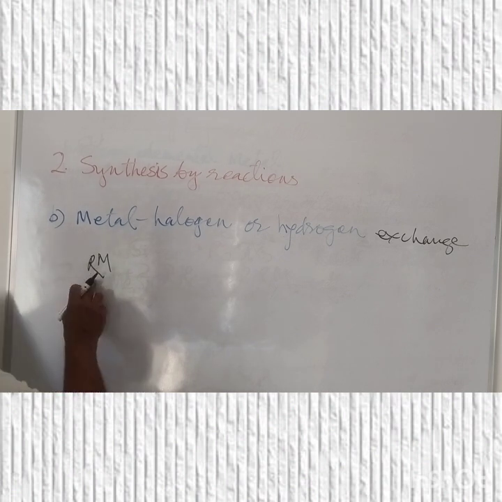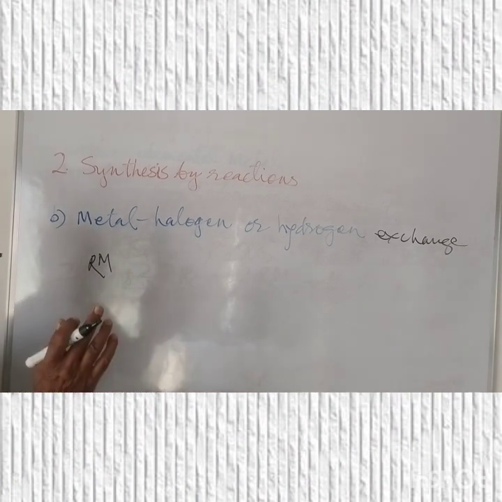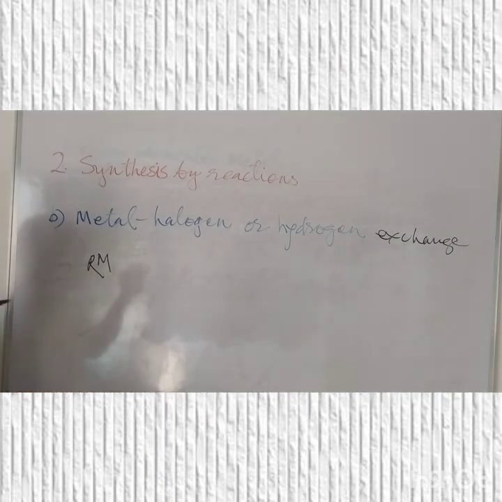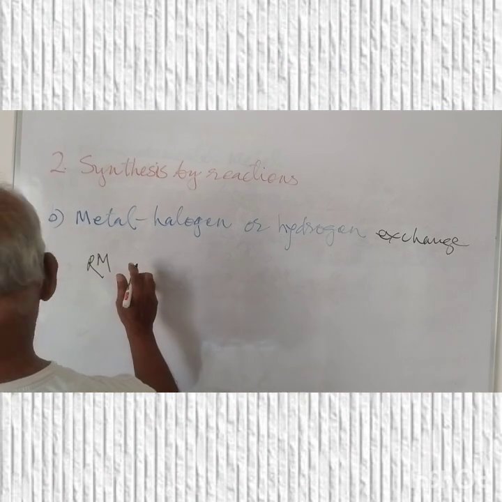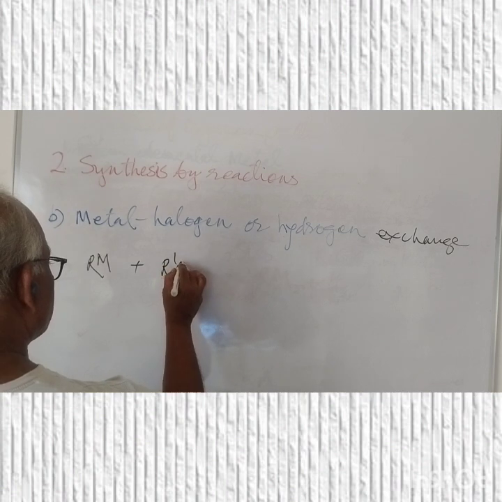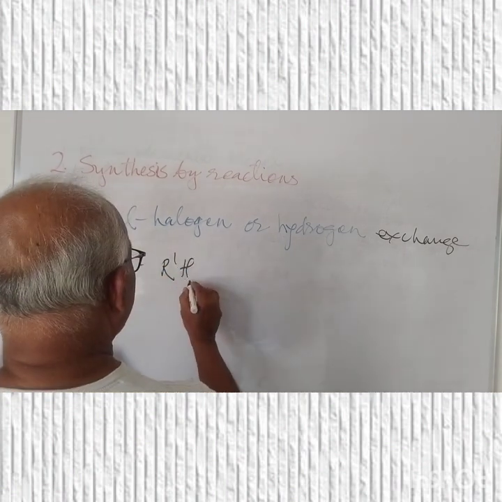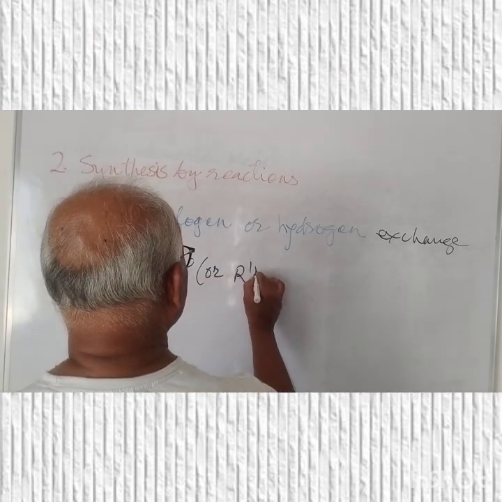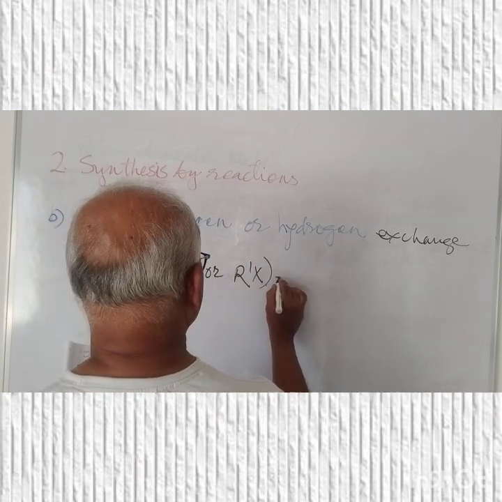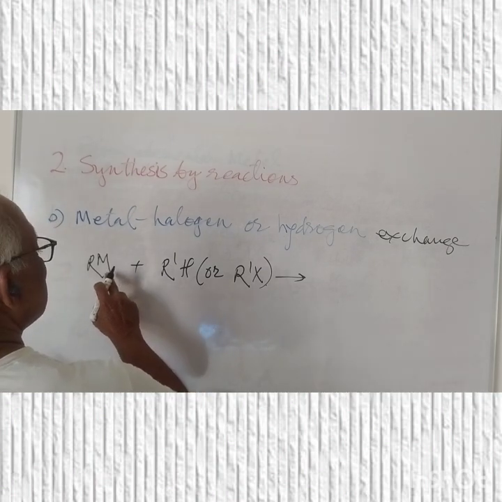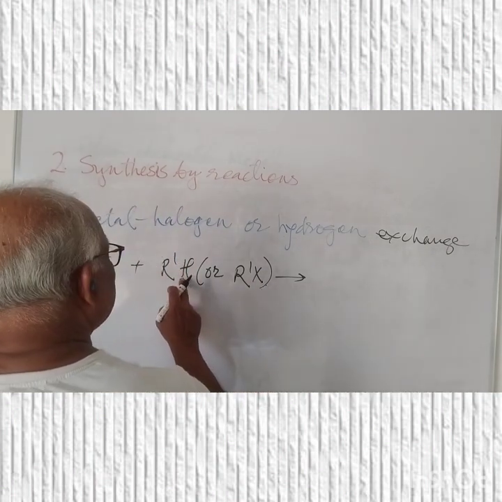This is alkyl, already prepared, means these are available in the market. You can obtain it from the industries which are supplying these organometallic compounds, plus R prime H, or we can use here R prime X. So here it can give this metal halogen exchange.